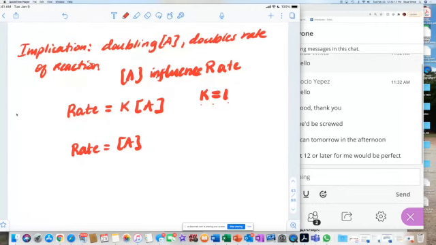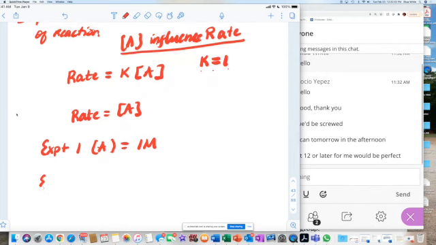Okay, to figure out how this influences the rate, I have to have two experimental states, right? In experiment 1, I'll make A concentration equal to 1 molar. And then for experiment 2, I will just double A, make A concentration equal 2 molar, and see how changing the concentration of A is influencing the rate. We can predict, is it going to be fast, is it going to be slower? It's not zero order, so it's going to change it.